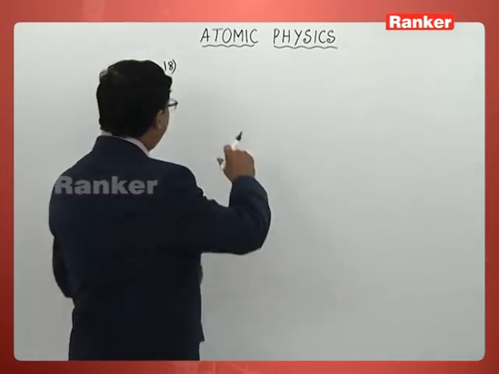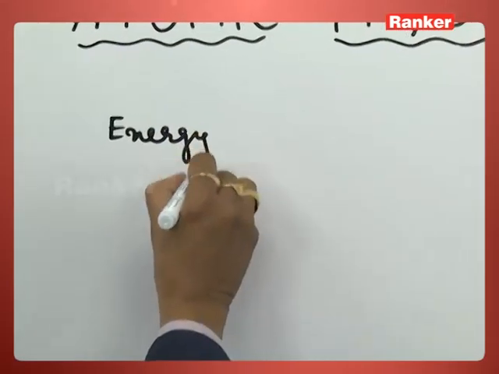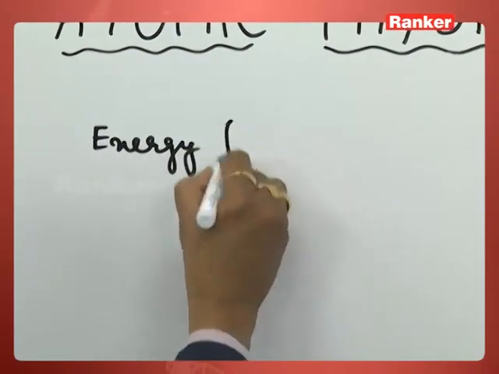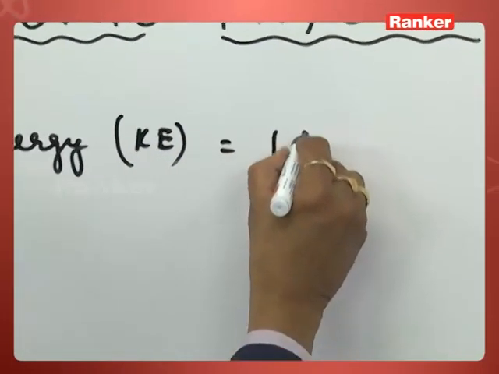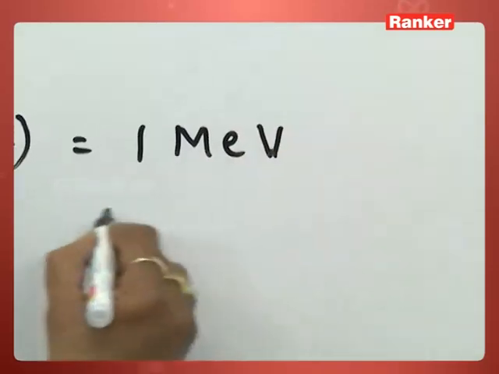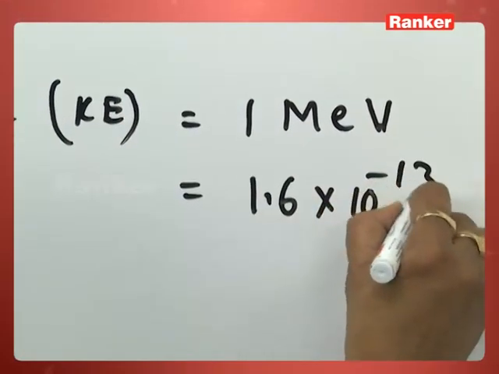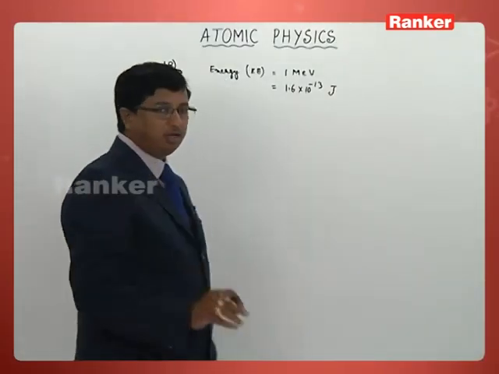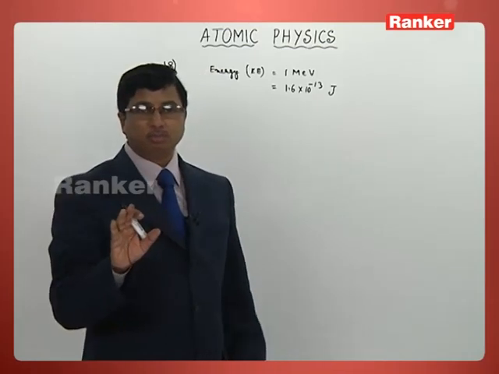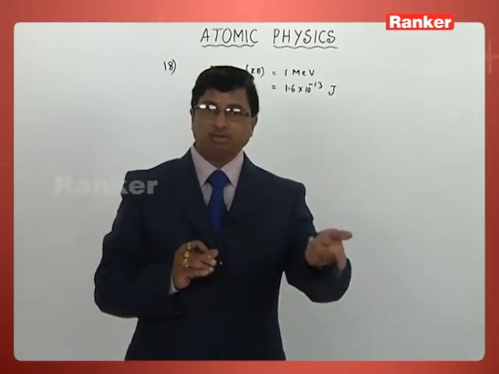So let us first of all write what is the energy given. That of course we used to write as kinetic energy. That is 1 million electron volt, which can be written as 1.6 into 10 power minus 13 joule. You all can understand, when electron volt is 1.6 into 10 power minus 19 joule, million means into 10 power 6.